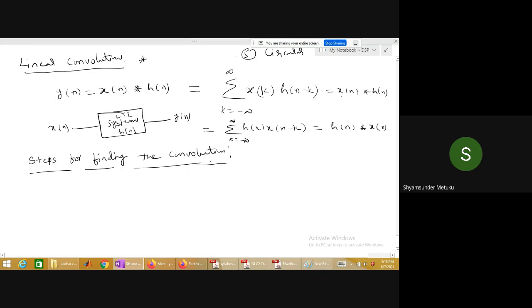A into b is equal to b into a. Which property? Commutative, right or not?